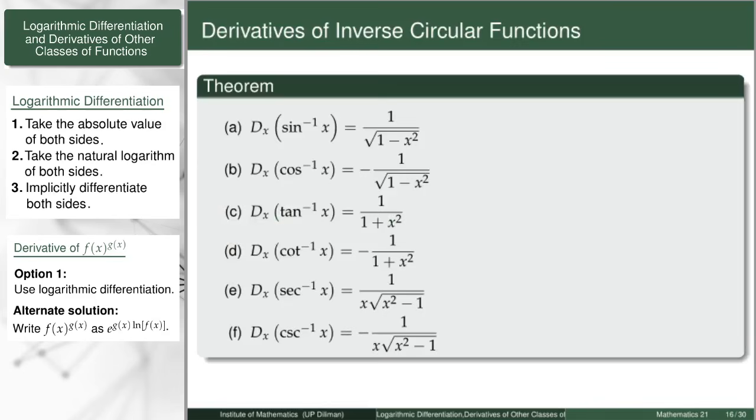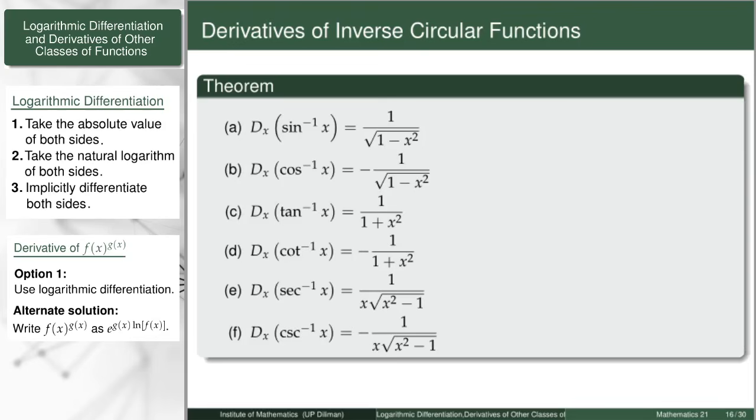So we have the following theorem that indicates the derivatives of the inverse circular functions. Let's try to read them one by one and try to find out if there is some sort of pattern. The derivative of the inverse sine function will be 1 over square root of 1 minus x squared, very much similar to the derivative of the inverse cosine function, where we only append a negative symbol for the derivative.